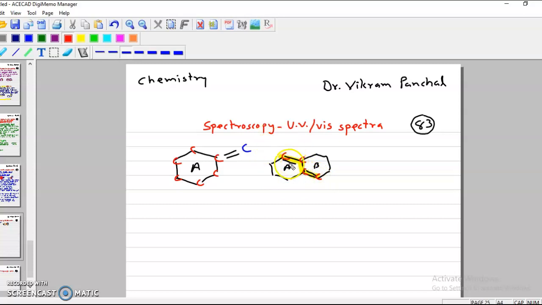Now, if we consider A ring, then this double bond in A ring is formed by these 2 carbons. This carbon is present in A ring, but this carbon is not in A ring.